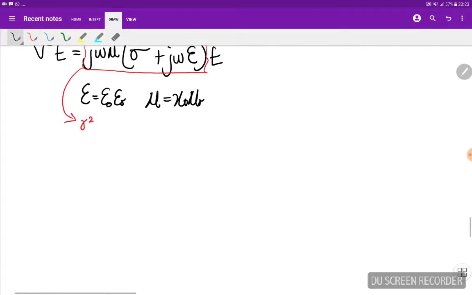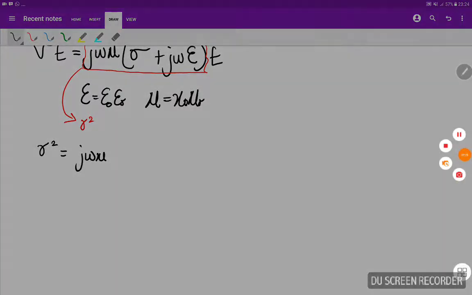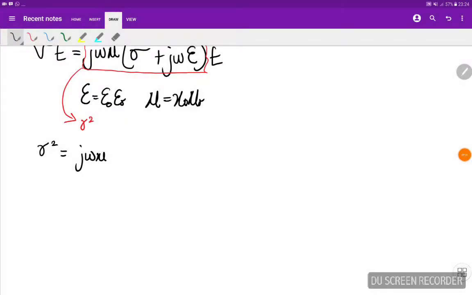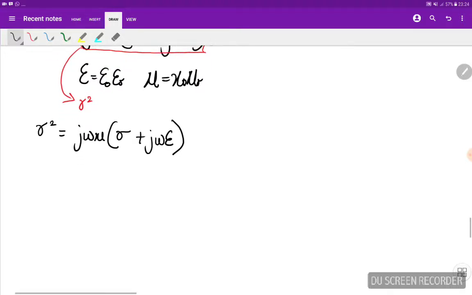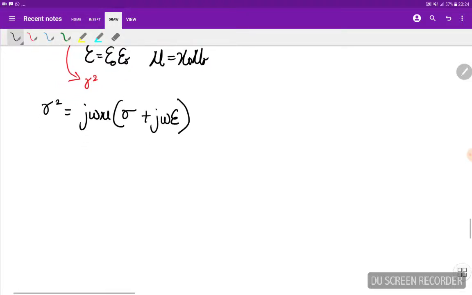So gamma squared is equal to j omega mu into bracket conductivity plus j omega epsilon.